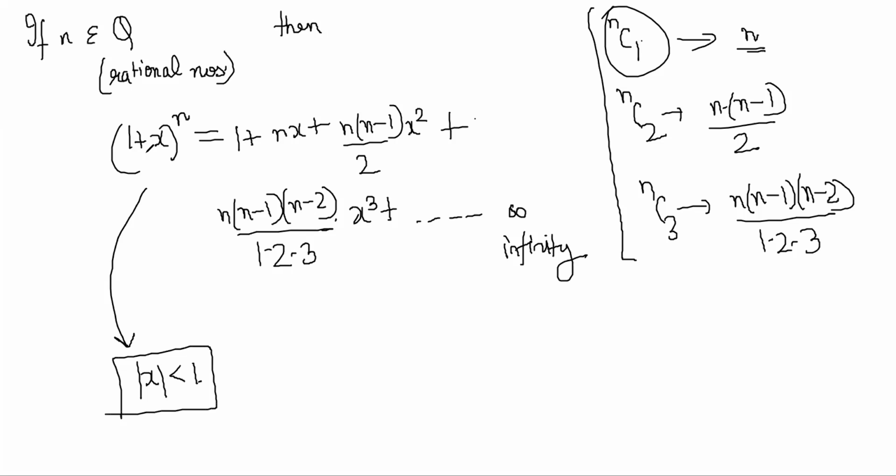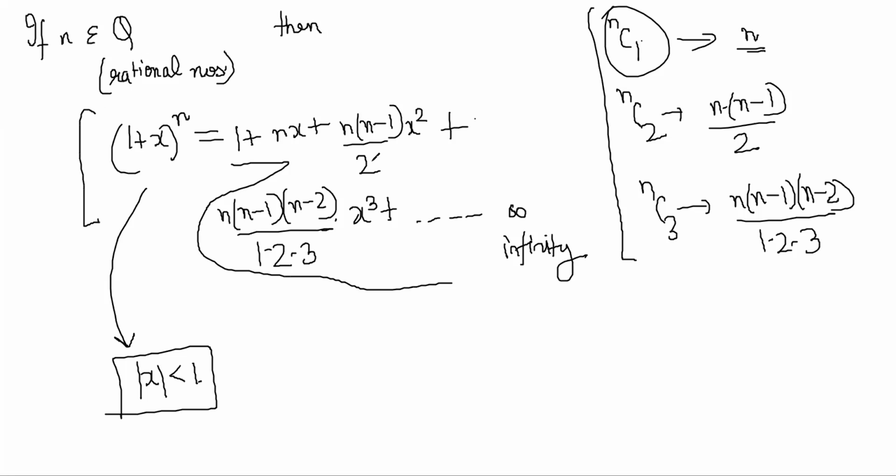If mod x is greater than 1, then it is not defined. There is no expansion then. And if mod x is less than 1, then you can define it as a series like this, which goes on till infinity.